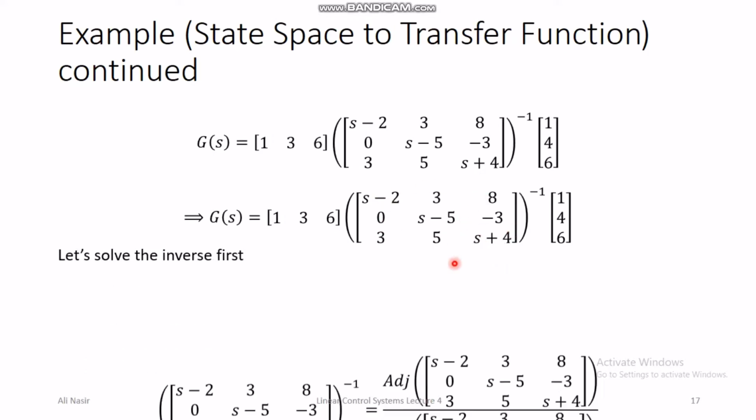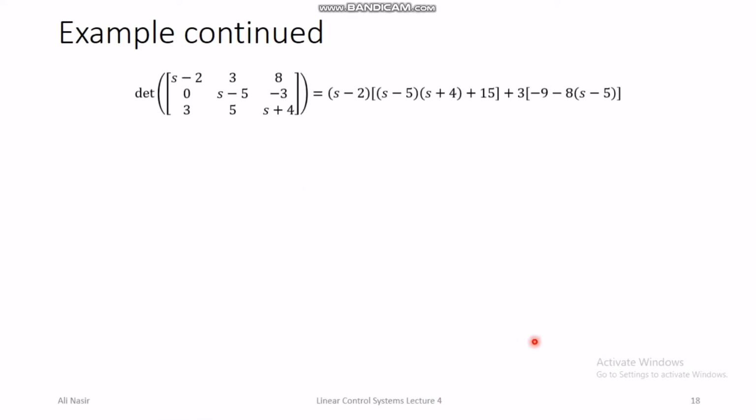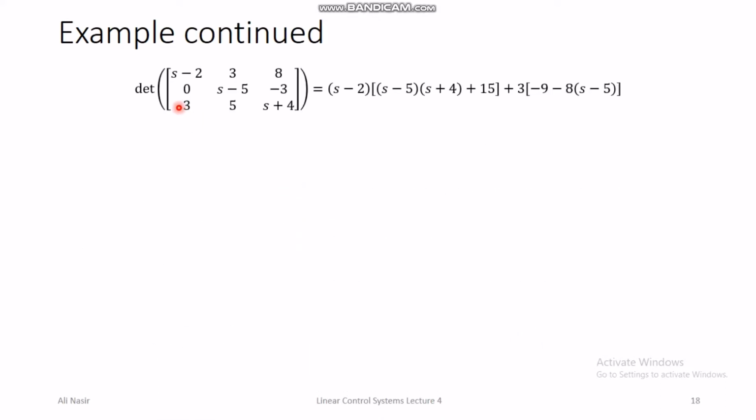We solve the inverse by taking the adjoint of this matrix divided by the determinant of this matrix. For taking the determinant, you just pick one of the rows or one of the columns. This is an easy column, so s minus 2 into its cofactor plus 3 into its cofactor, and that will be the determinant. It will be s cube minus 3s square minus 27s plus 103.